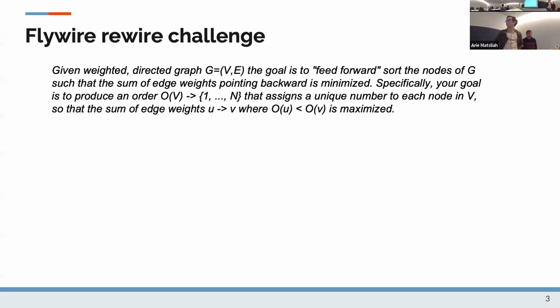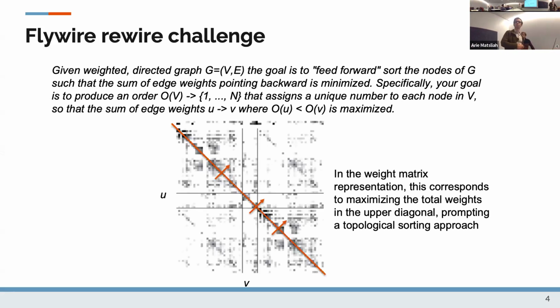So I don't need to rehash the challenge too much, but I think it helps to look at this in mathematical terms. Just consider that we have a graph and we want an ordering of this graph. So the underlying graph is not changing under any of these orderings or any of the algorithms that I or any of the other presenters are going to talk about. But we want to understand how to essentially maximize a certain property of this graph, which is, if we look at the graph in weight matrix form, trying to push as many of these weights as possible into the upper triangular of this matrix.